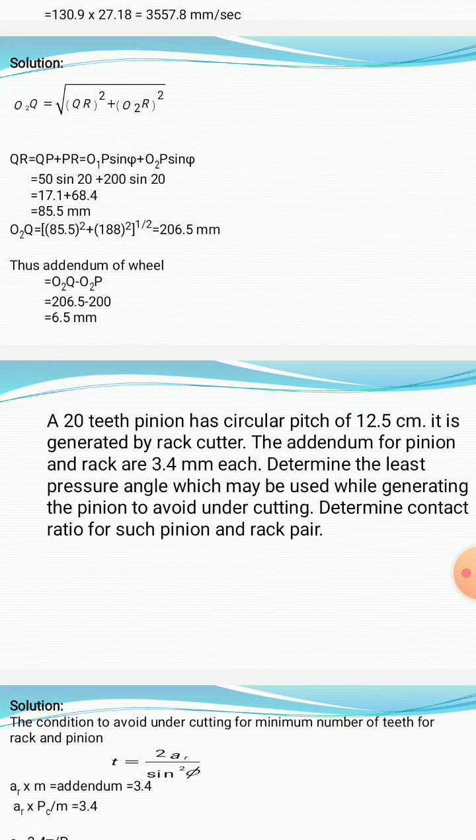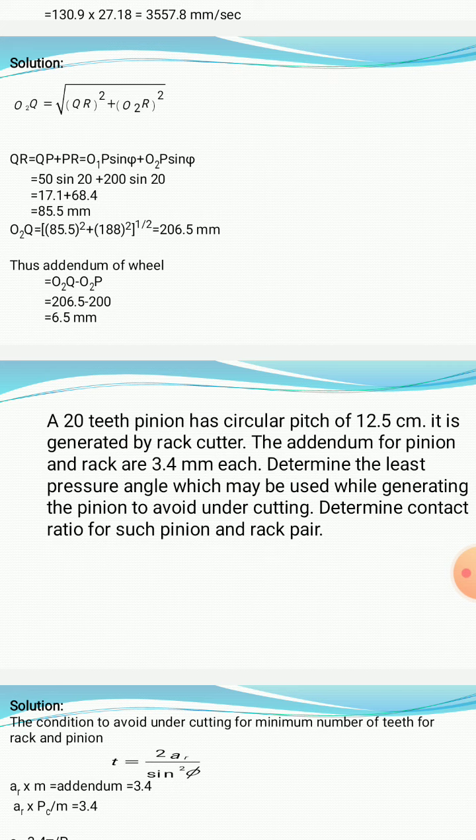Again, they asked to find out the contact ratio. So pressure angle and contact ratio are the asked quantities, and the given quantities are the number of teeth, the circular pitch, and the addenda for the pinion and rack. So with this given condition we move further.